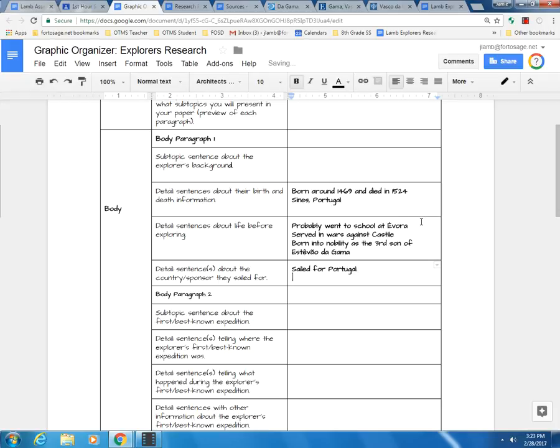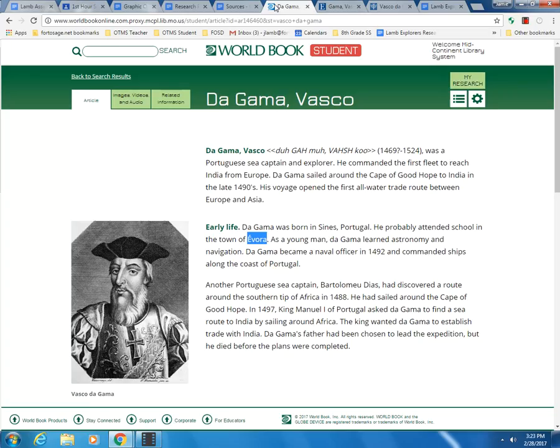You can start at any time putting these into complete sentences, but you're looking here and you're trying to find what he was asked to do, maybe when he was asked to do it. So, it talks about how Da Gama, and you might even mention Da Gama had already discovered a route around the southern tip of Africa in 1488. So then King Manuel of Portugal asked Da Gama to find a route to India by sailing around Africa.